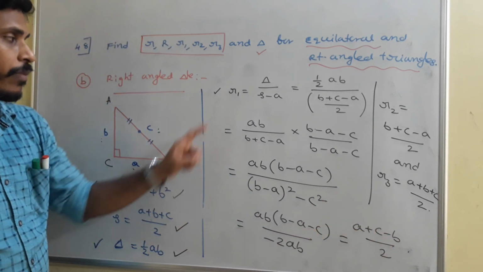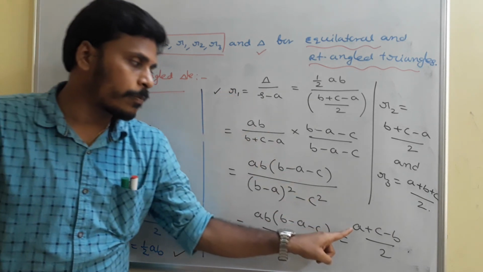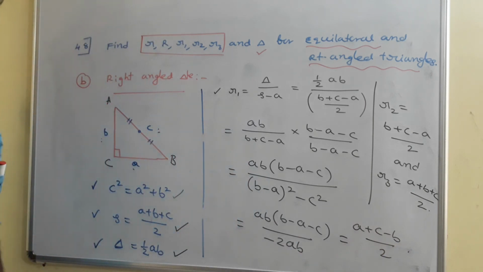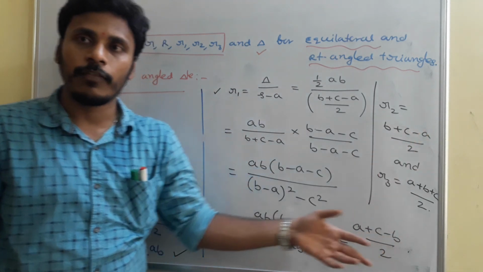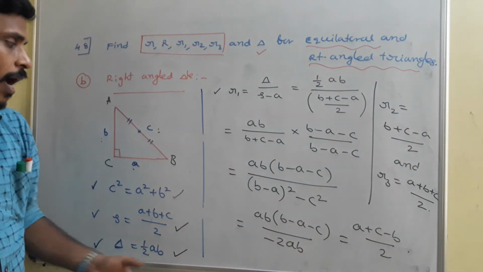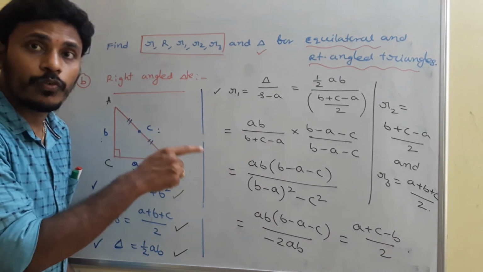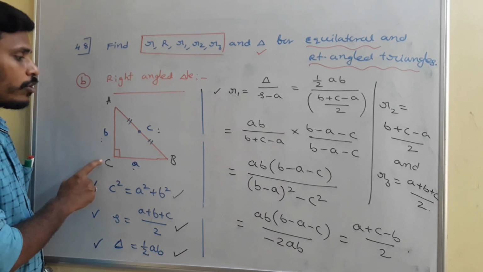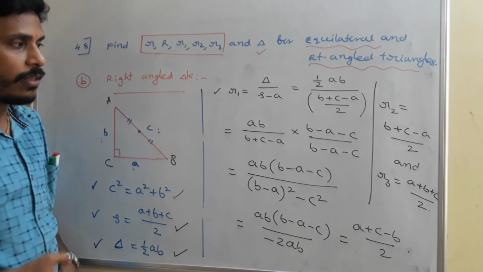Just think about it. Since you need R1, 1 relates to A. So A has plus sign, B has minus sign. A plus C minus B by 2. And similarly R2 is simply (B plus C minus A) by 2 if you go with the same procedure. And if you calculate R3, R3 is the exradius which is opposite to the third vertex C. So opposite to this C, if you have a circle here, that is R3, okay?